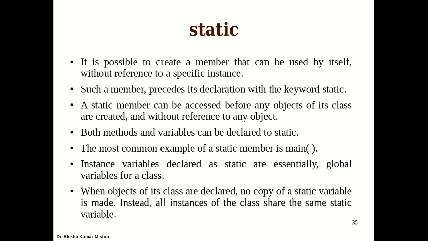It is quite different from the method in C++. When an object of its class is declared, no copy of the static variable is made. A single copy is created per class, not per object.